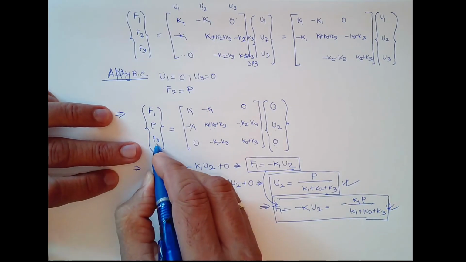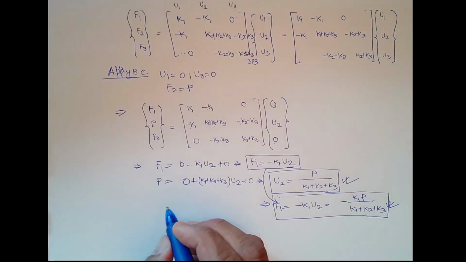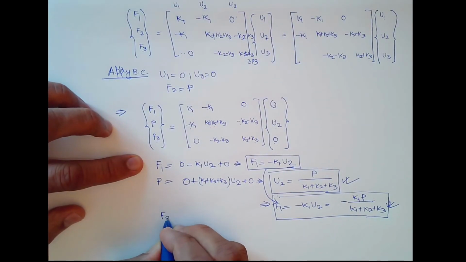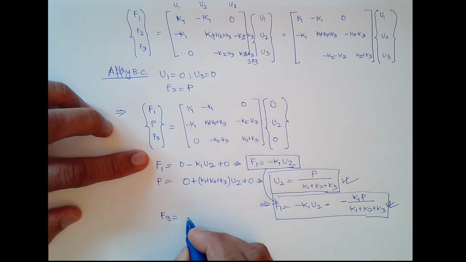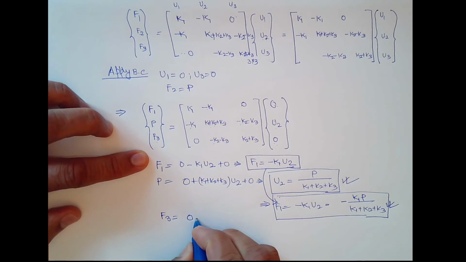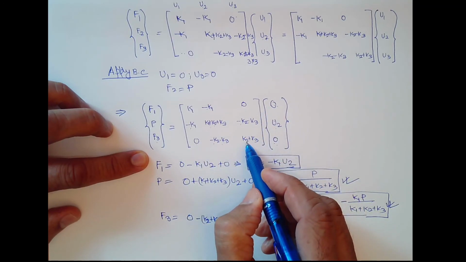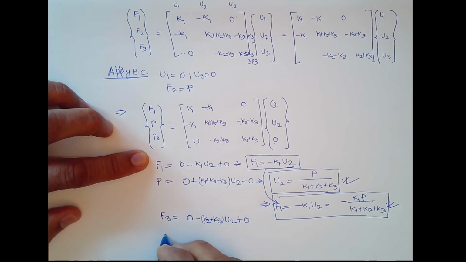And F3, interested to know what is the reaction force F3. So F3 will be 0 into 0 plus this into U2, minus K2 plus K3 into U2, this into this plus this into this plus this into this plus 0. So this implies F3 is again minus K2 plus K3 multiplied by U2.